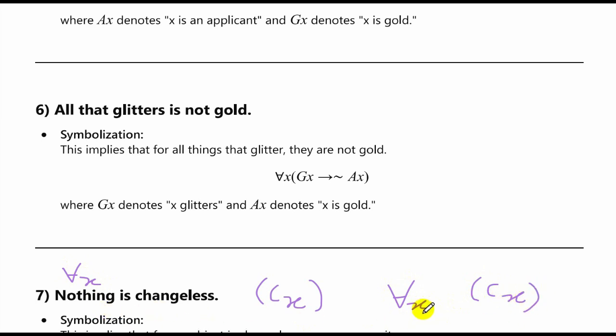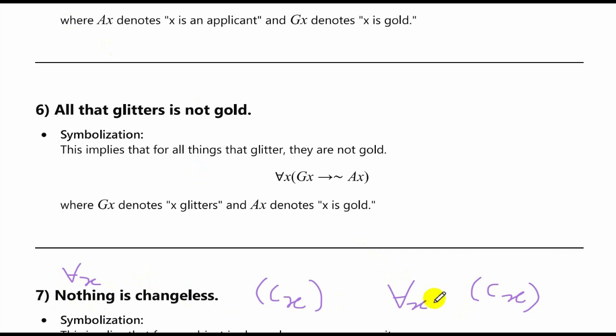Does this mean for all x, x is changeless? But here it's saying nothing, so we have to negate this. If you read it without the negation, it means for all x is changeless. But here saying nothing is changeless, so they are not matching. The sentence is not matching with the symbol.